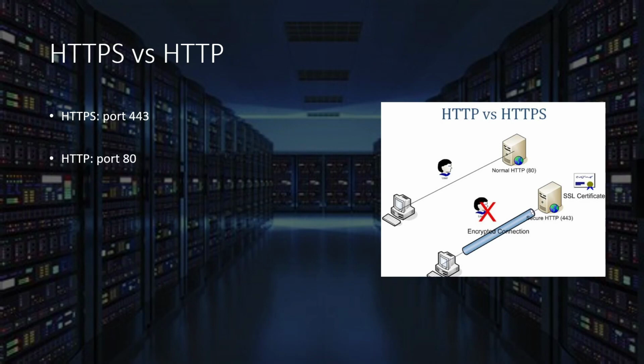And the SSL certificate is used with HTTPS, and that adds that extra layer of encryption. HTTP is faster, however, but less secure. So if you're going to be accessing a banking site or using credit card information, you should be using an HTTPS connection.